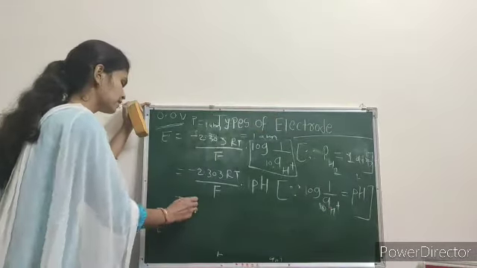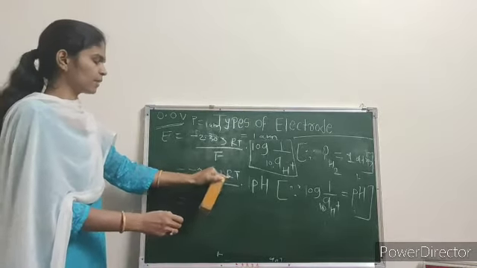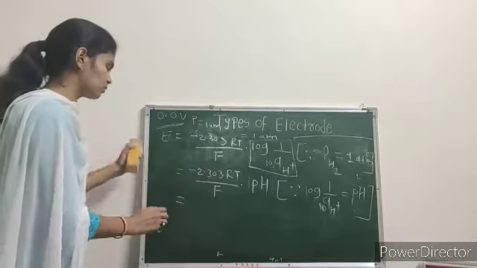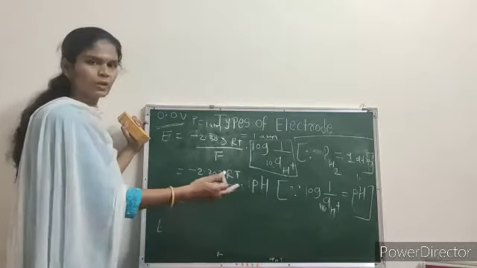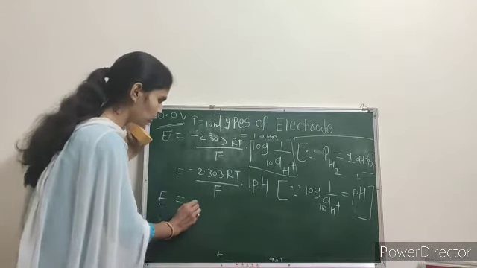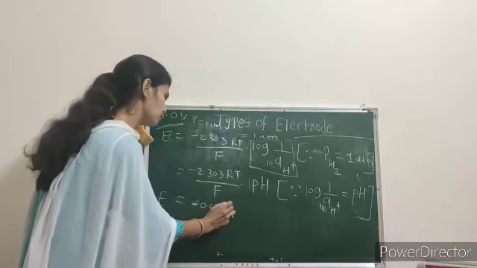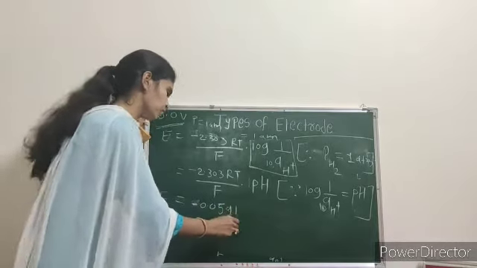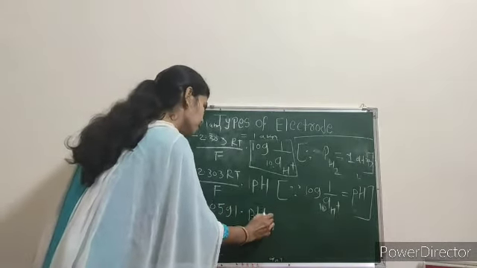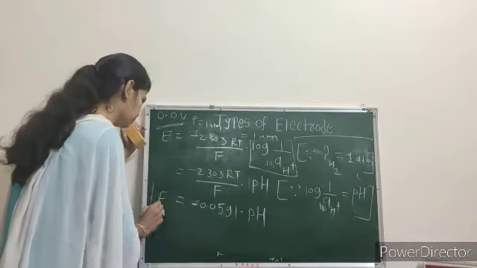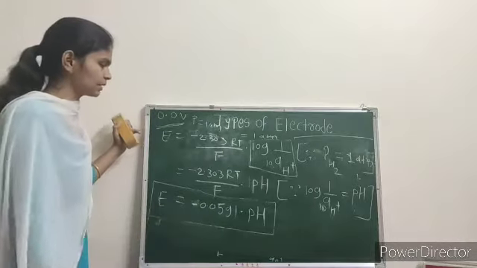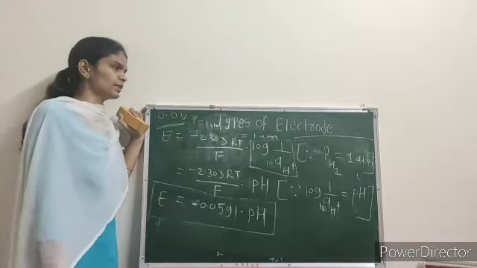At 298 Kelvin, RT upon F is converted to 0.00591. Therefore, E is equal to 0 minus 0.00591 into pH. This is the Nernst equation for this type of gas electrode.